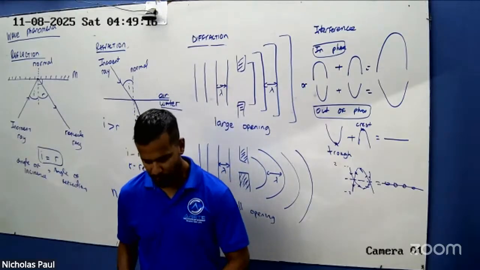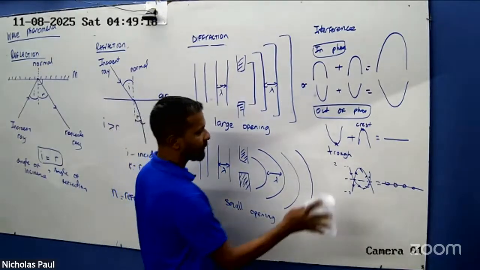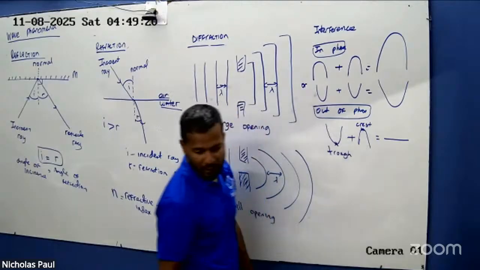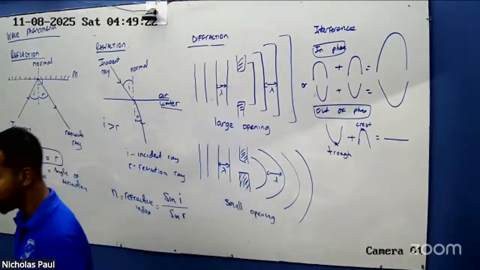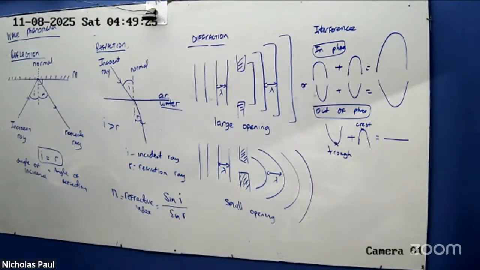Right. I'll just explain it here. So those are the 4 things that waves undergo. All right. One small note underneath this. Last thing.